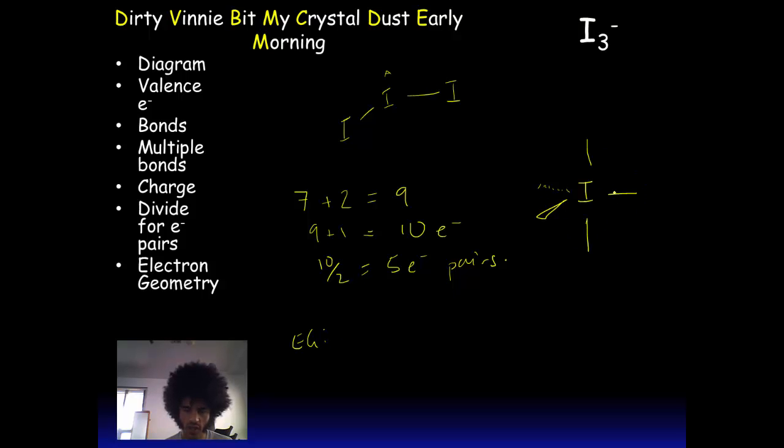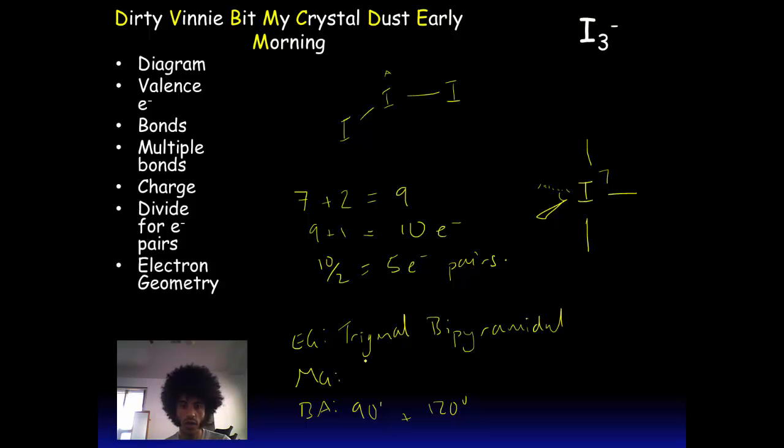I've got the 3 here, and then 1 top and 1 below. Bond angles, as I've done in previous examples, should be 90 degrees because of this, and 120 degrees because of the angle between these 3: 1, 2, and 3.